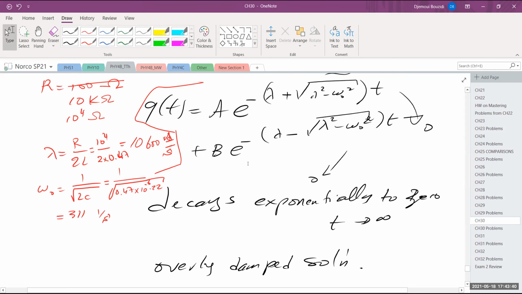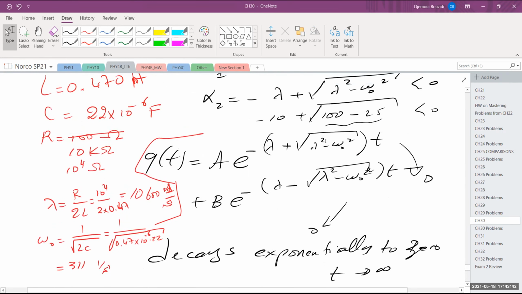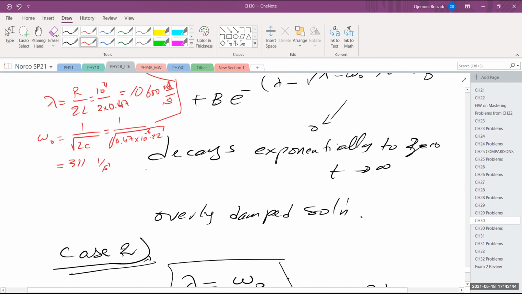So if I plug in the numbers here and try to find this root, alpha 1 is going to be negative lambda, negative the square root of lambda squared minus omega naught squared. And alpha 2 is the same thing, except it has a plus in here.